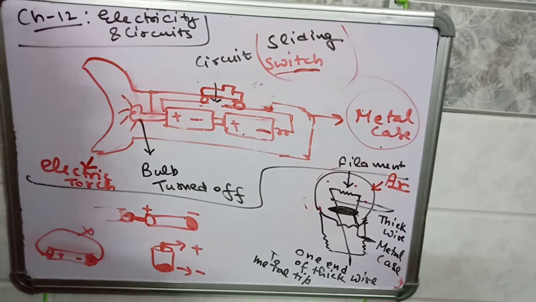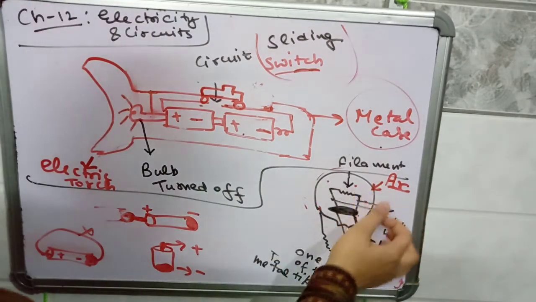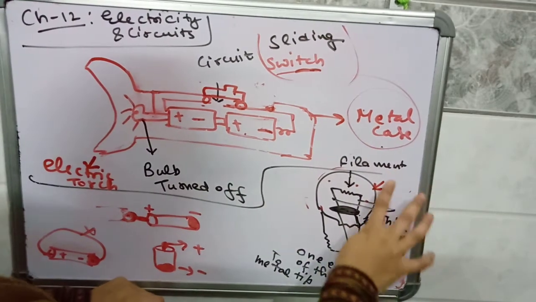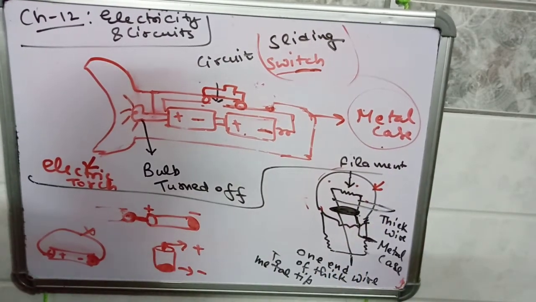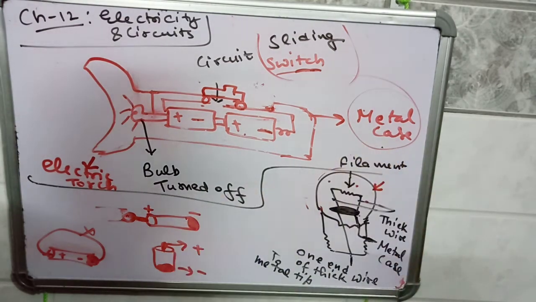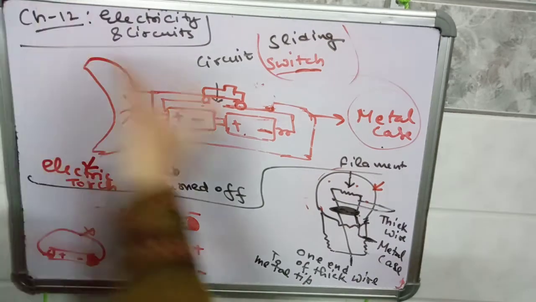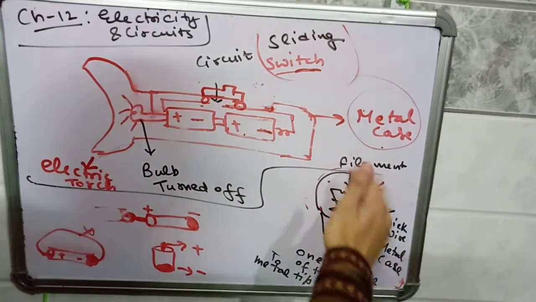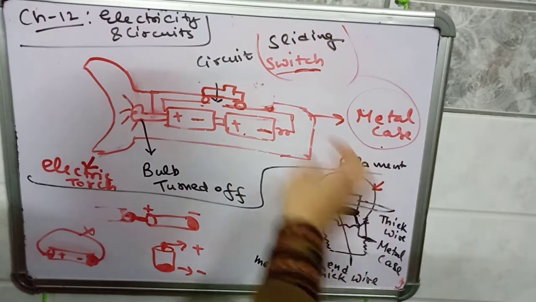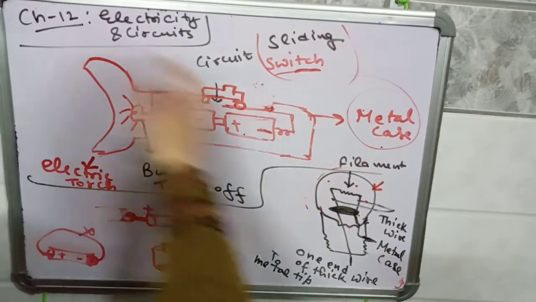Unreactive gases, for example argon gas and nitrogen gas, are filled in it. So what is the benefit of that? They will not burn the wire. This filament has a very high melting point. It can bear a very large amount of heat, and it will glow and emit light energy. And these inert gases help to prevent the burning of this filament.